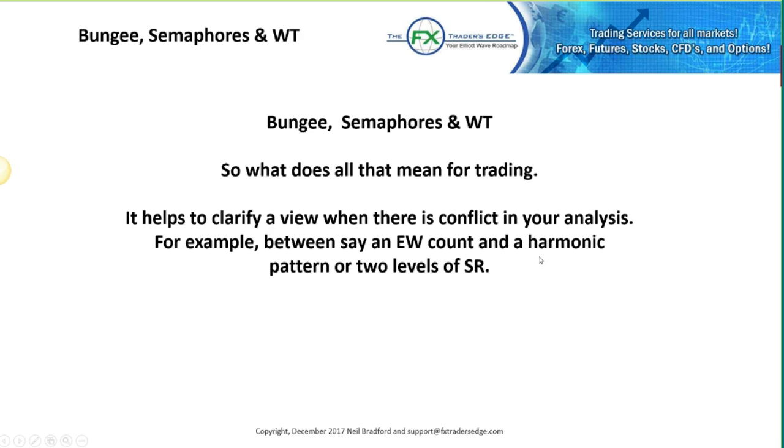You might have an Elliott wave count that says you're going one way and a harmonic pattern that says, no, this has got to go the other way. And you have a choice of two or three different support and resistance levels, you're not sure which is going to be the active one. Well, by using the Bungee and the Semaphores, you're going to know the most likely point for things to turn around.